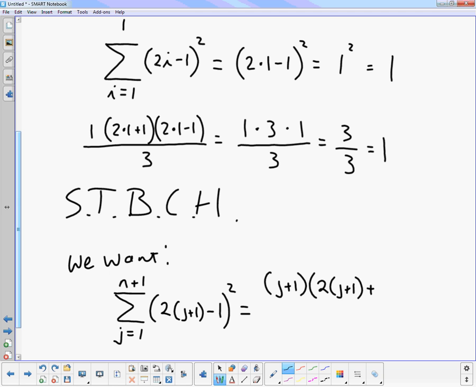Plus 1. Minus 1. Okay, so that's what we're looking for. Now, my advice to you is on the side, figure out what that ugly thing actually looks like. Simplify it, clean it up, because you're not going to land on that. You're going to get to that.